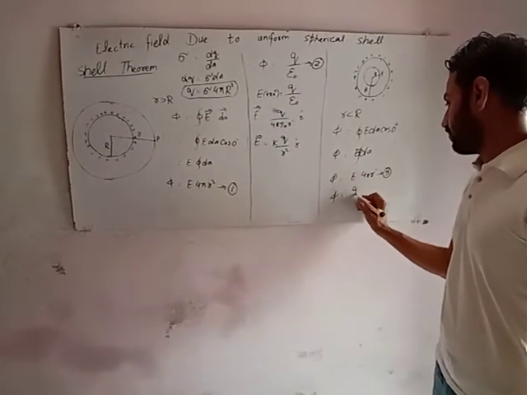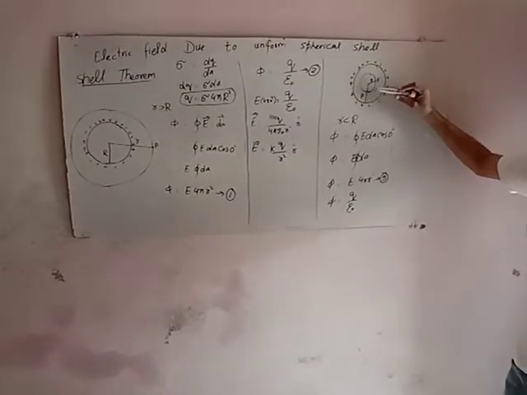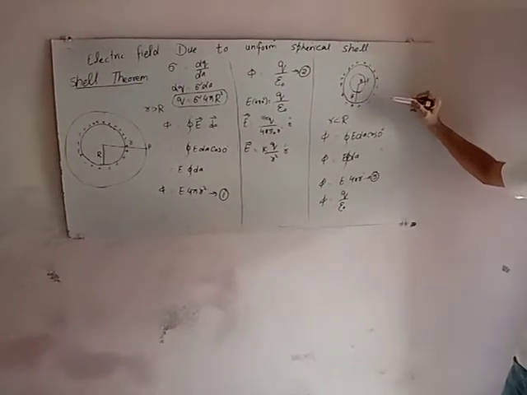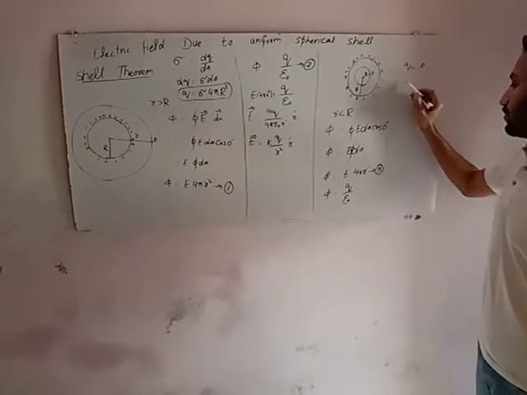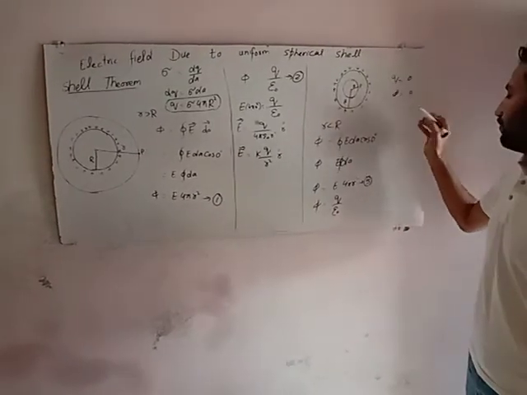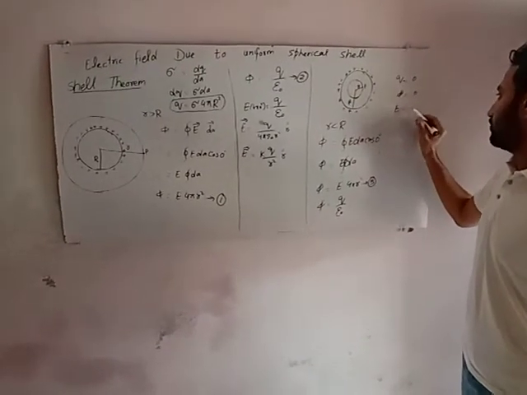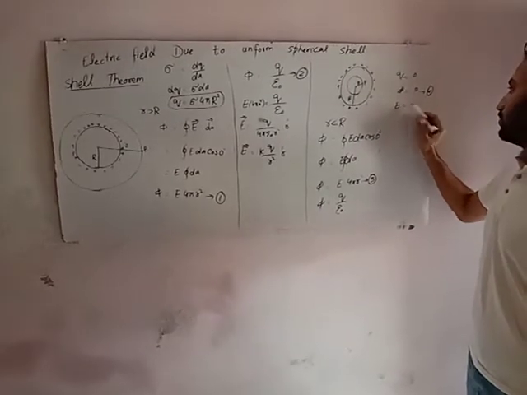And flux is also Q over epsilon naught, equation number 4. Now you can see that there is no charge enclosed by the Gaussian surface. That means the value of Q will be 0. So flux will be 0. Comparing these equations, we will get E is equal to 0.